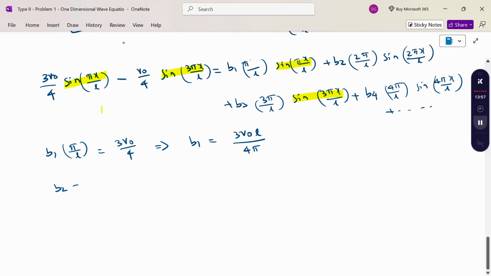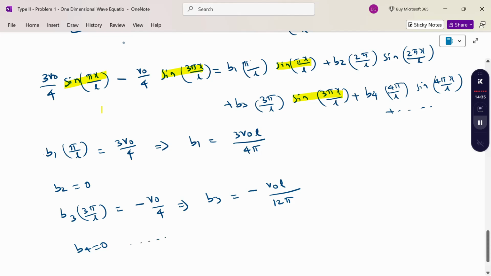Then b2 is 0. The coefficient of sin(3 pi x by L): b3 (3 a pi by L) equals minus v naught by 4, so b3 equals minus v naught L by 12 a pi. Then b4 is 0, and so on.